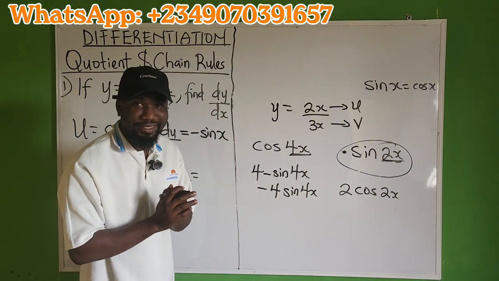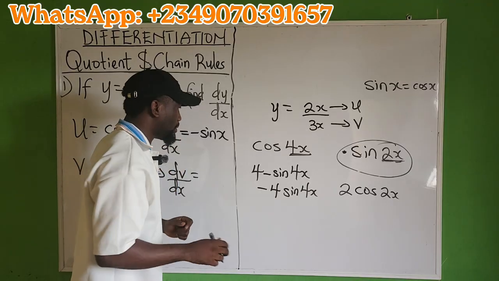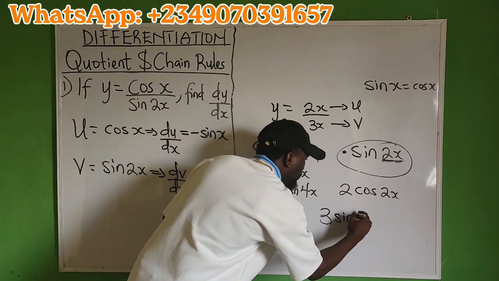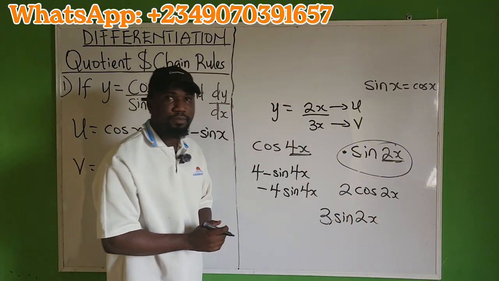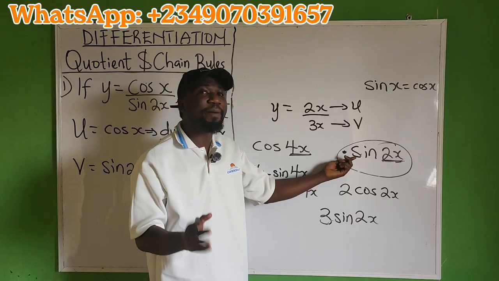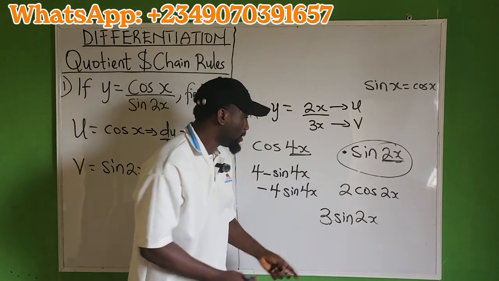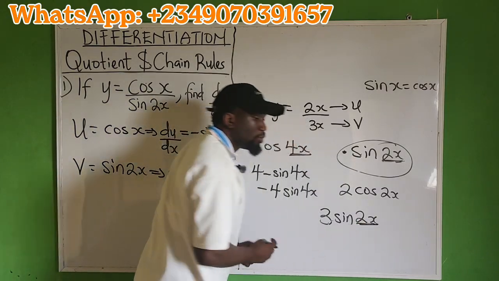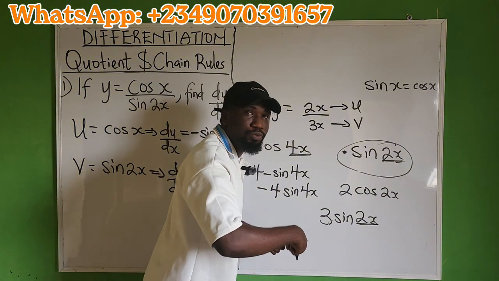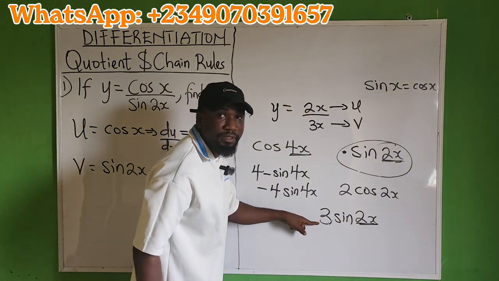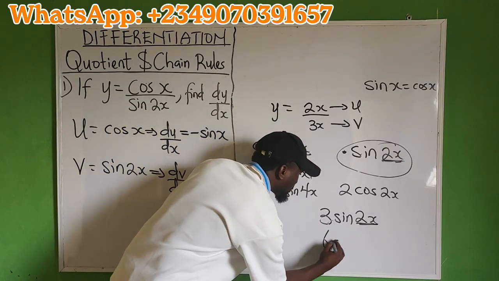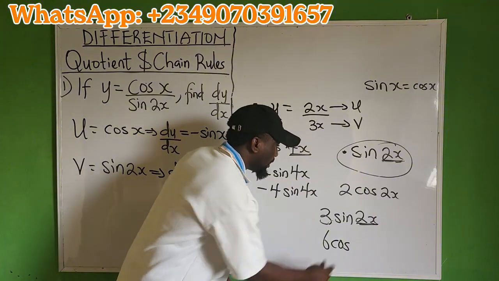Do you understand? Alright, let me give you just one more. Imagine we have 3 sine 2x. You can see that this is quite different from this, but we still apply the same method. Differentiate 2x, that is 2. So you are going to multiply that 2 by 3, and that will give us 6. Differentiate sine, that is cos. Then what do you have left?